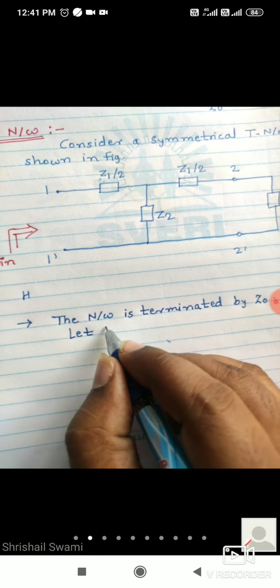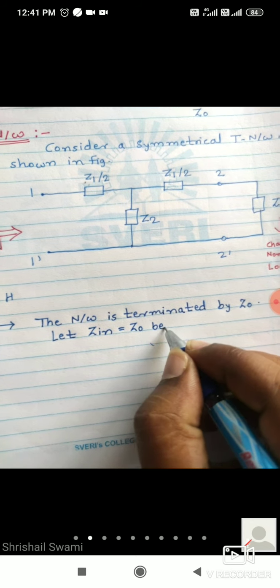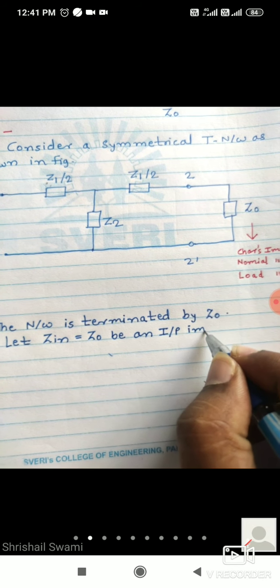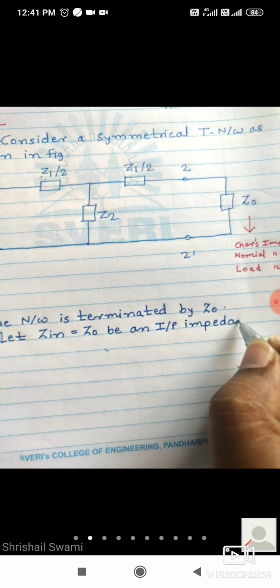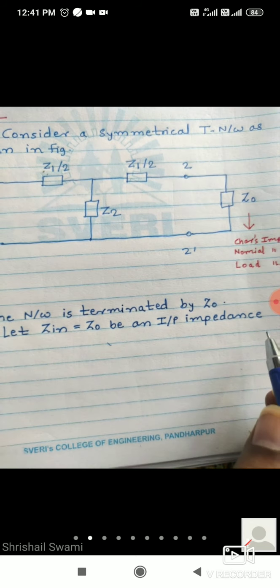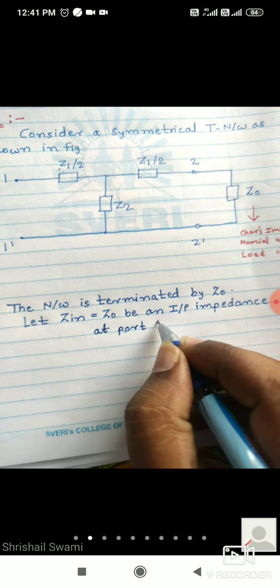Let Zin equal Z0 be an input impedance at port 1 1 dash.